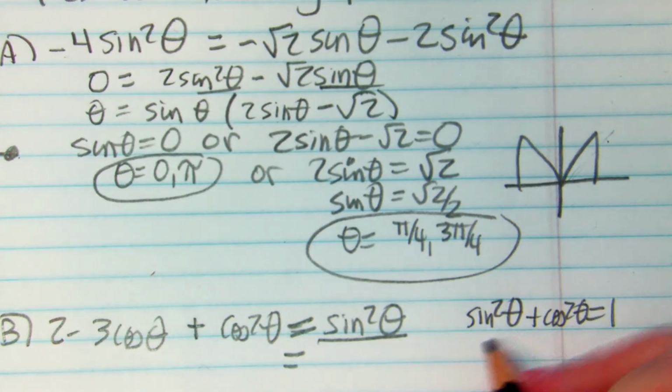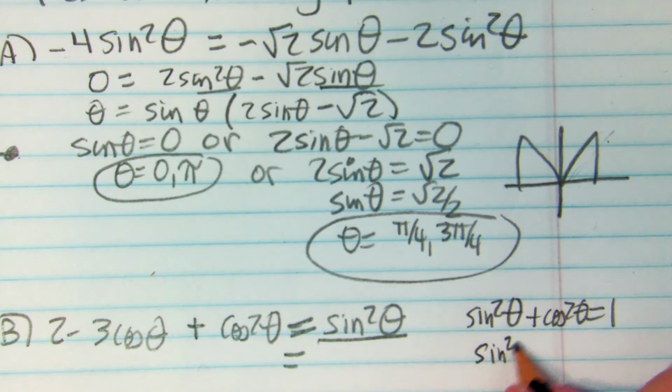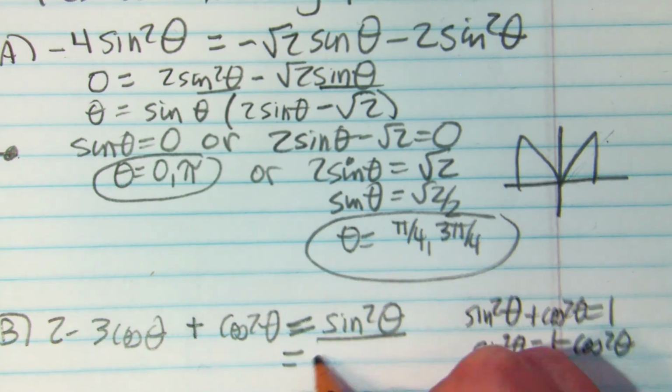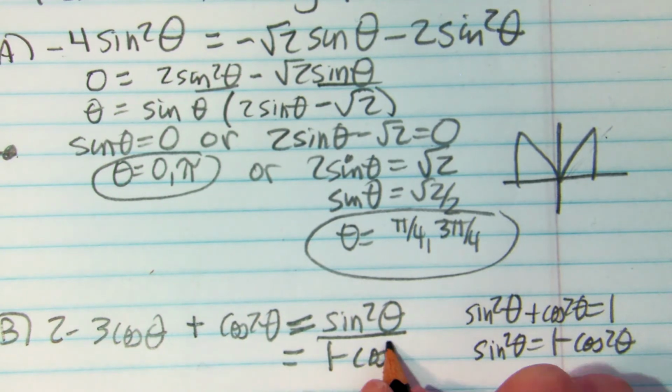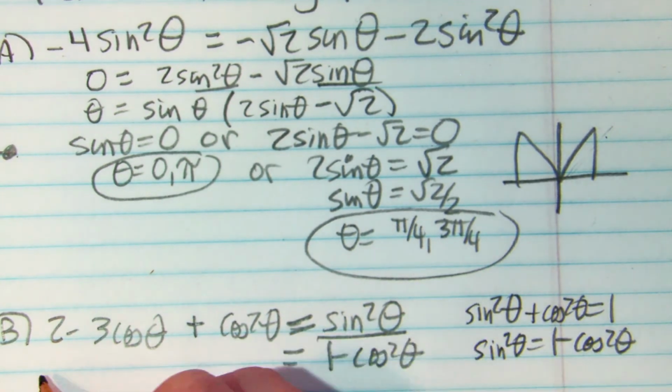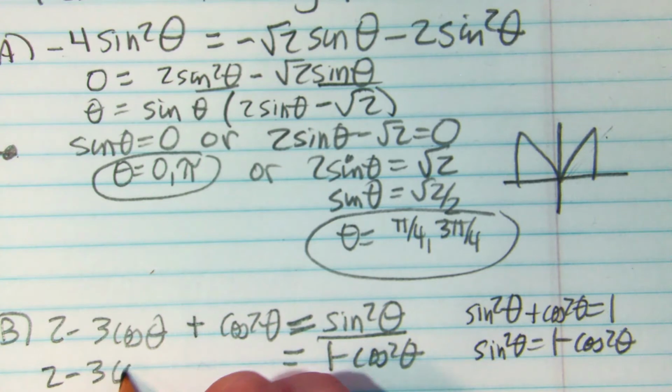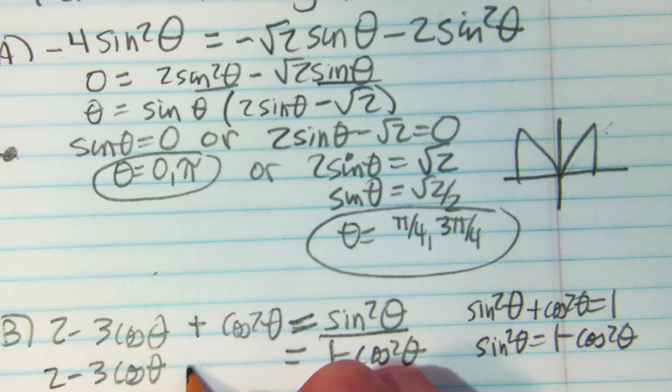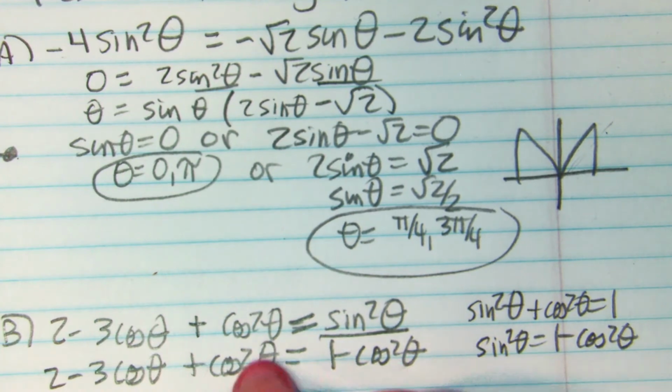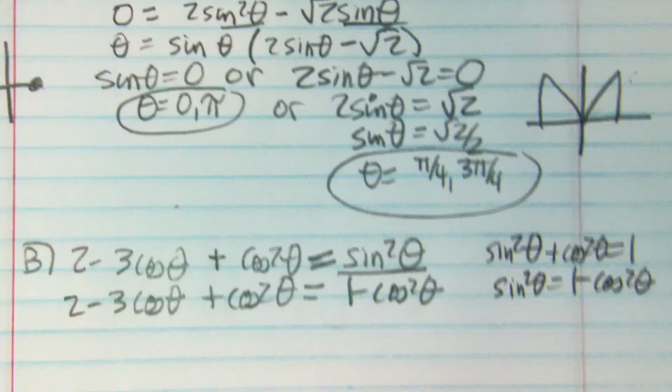If we solve for sine squared theta, that's 1 minus cosine squared theta. We substitute it in. It's a common practice to substitute in for sine squared theta or for cosine squared theta, to substitute the other one in. Now they're all cosines and they all match, so we can solve.